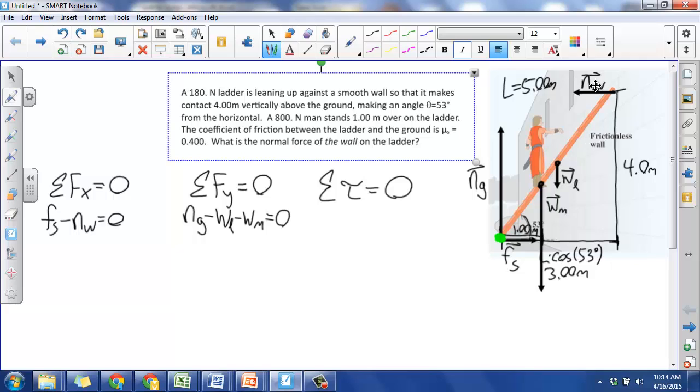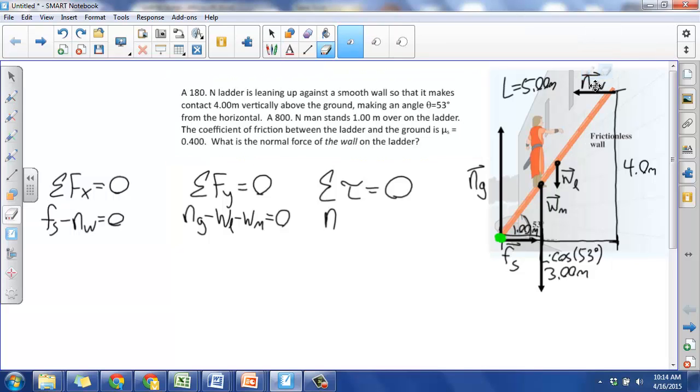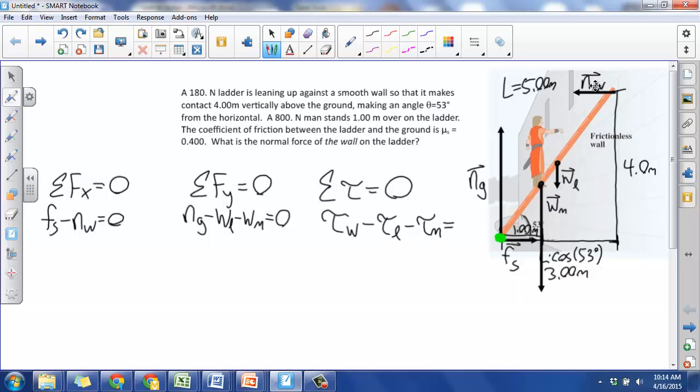And for the torques, we've got 2 clockwise torques and 1 counterclockwise torque. We have the torque due to the wall minus the torque due to the ladder minus the torque due to the man. It's all equal to 0.